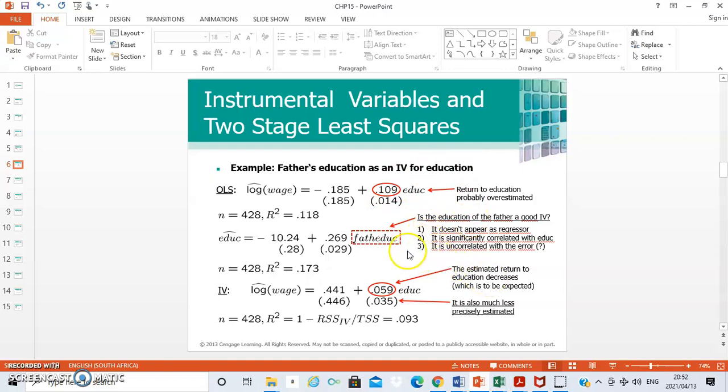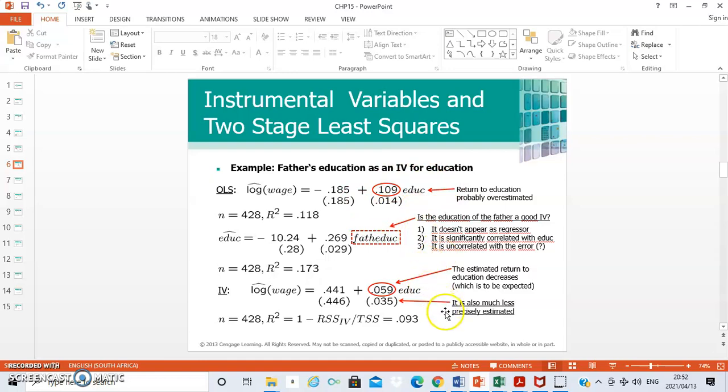So now what happens is that if it's correlated with the error term, because we know that if we put this variable in the model, it will still have an influence on the education of the child because there is a certain relationship.